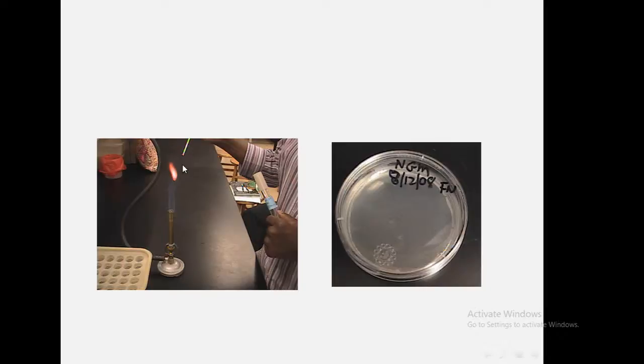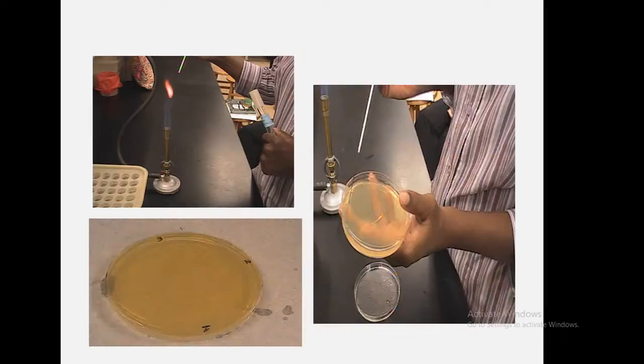This is the loop, the inoculating loop. Every time you cultivate bacteria on the agar plate, at every step you need to sterilize that loop, and then take the sample from your sample preparation. See the images.